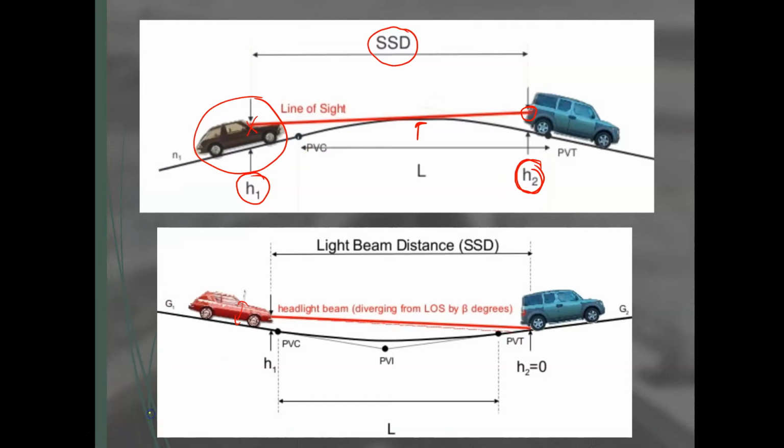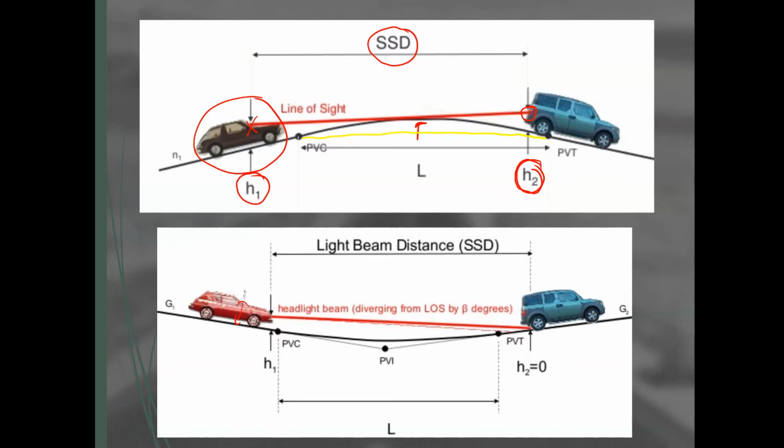Let's say I use yellow. So that is the length of the curve, starting curve, ending curve. So we could see that the red line is longer than the yellow line. So in this case, the stopping sight distance is longer than the length of the vertical curve.